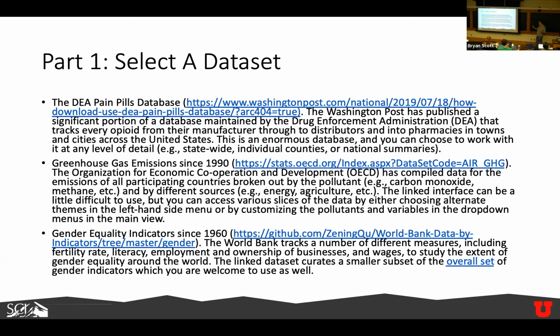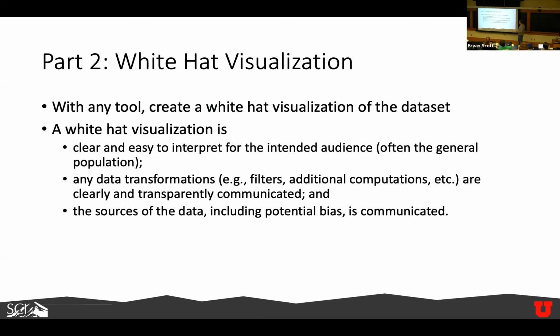Okay, so you as your group are going to pick one of these 3 data sets to work with. And what you're going to do is, with any tool you want, you're going to create a white hat visualization. So you're going to create a visualization for good. You're going to say, here's the great work we've done in gender equity over the past 50 years. And you're going to make a super fantastic visualization out of it.